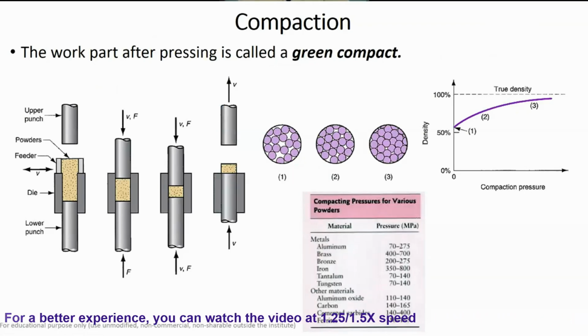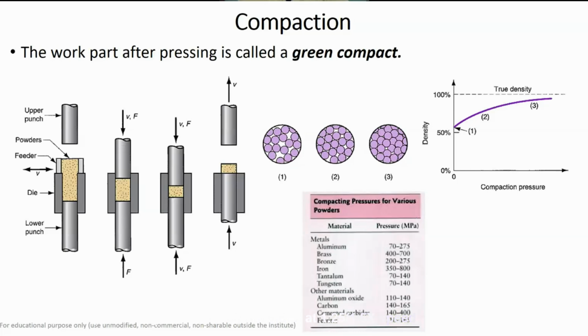Today we will discuss another important step, which is a very important step in the powder metallurgy process, and this is called compaction.